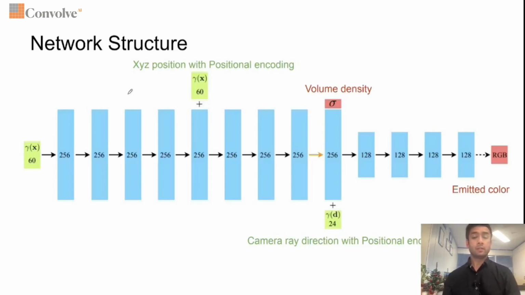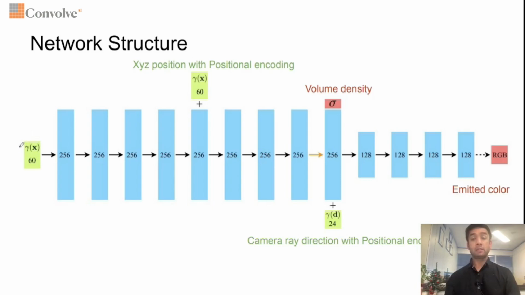Alright, so guys, next comes the structure. The network is very simple. It's not a CNN, it's not a transformer, it's just an MLP, a fully connected neural network. And here you can see the input. Now the input actually is x, y, z, theta and phi, right?